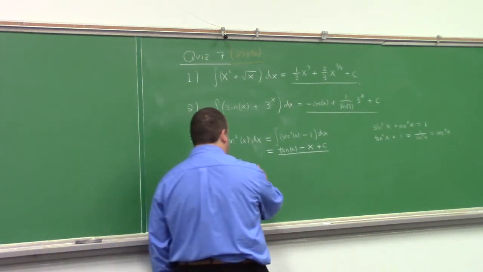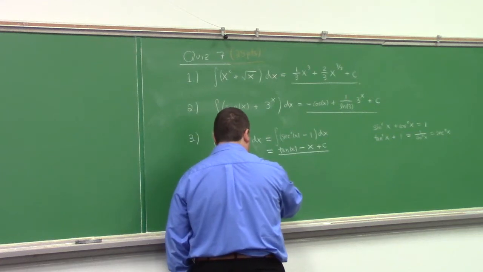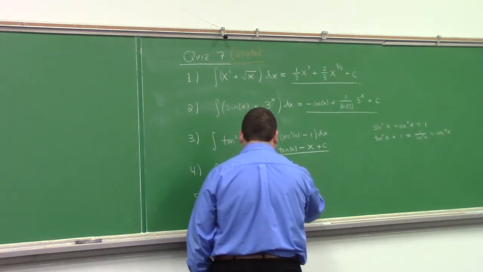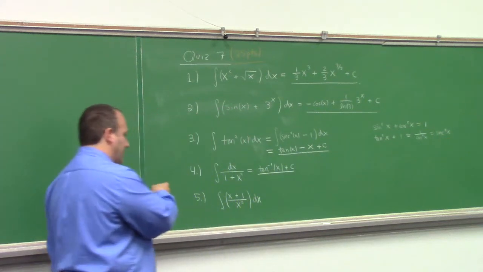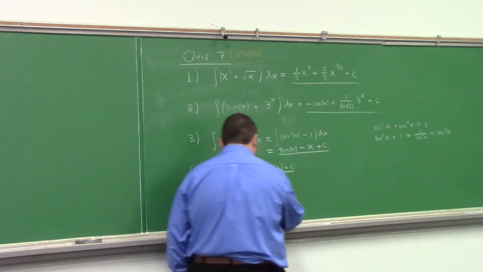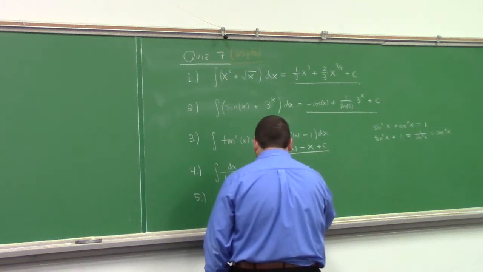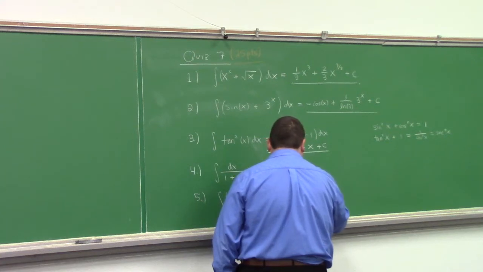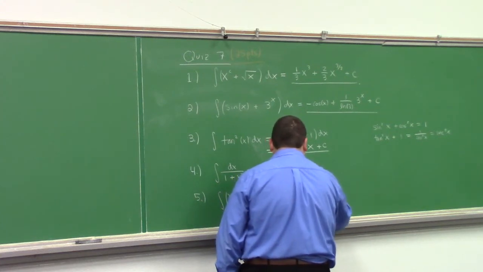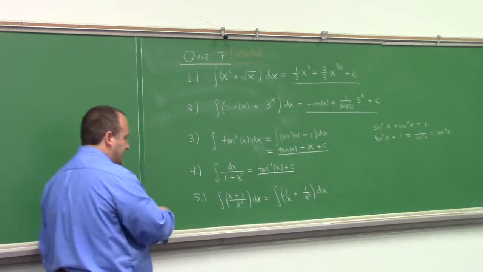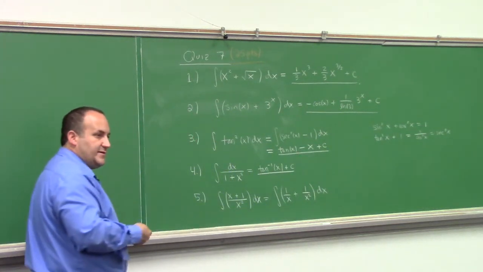This one is just an elementary one. That's inverse tangent of x plus a constant, right? And that one requires a little bit of algebra. So this one here, this is the integral of 1 over x plus 1 over x squared, right? Because x over x squared gives me 1 over x, and 1 over x squared was 1 over x squared.